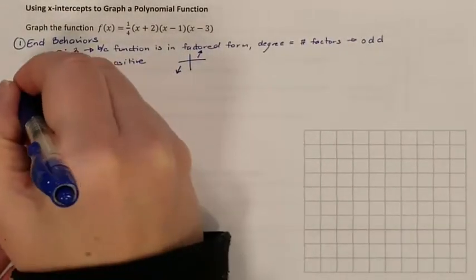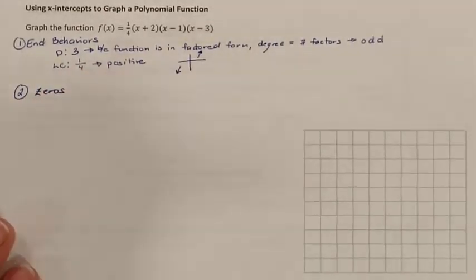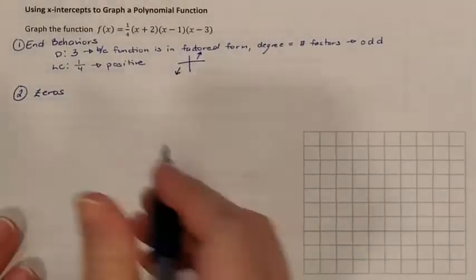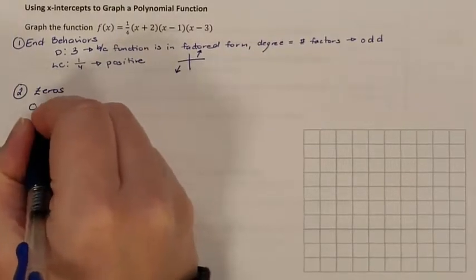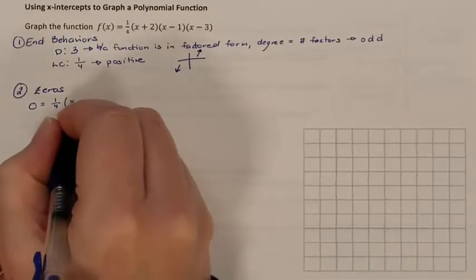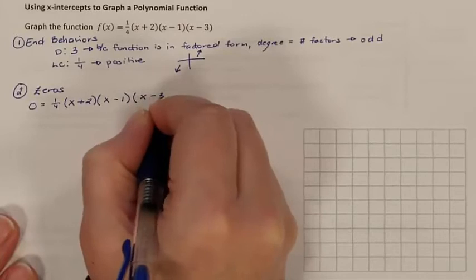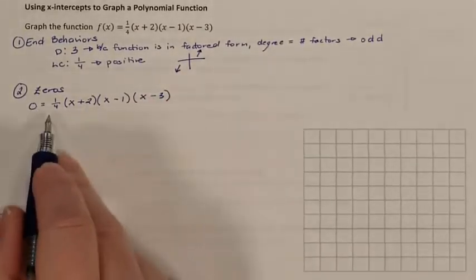After our end behaviors, step number 2 is to find our zeros, or find the x-intercepts. Where does it cross the x-axis? So my function had to equal 0, so the f of x is 0, and this is what the function was. We're supposed to fully factor and then solve for x. It already is in fully factored form.